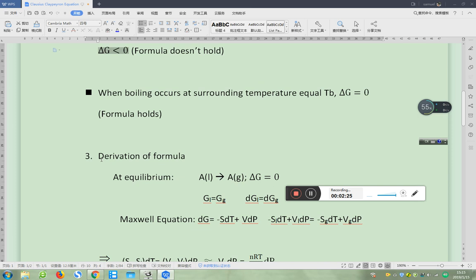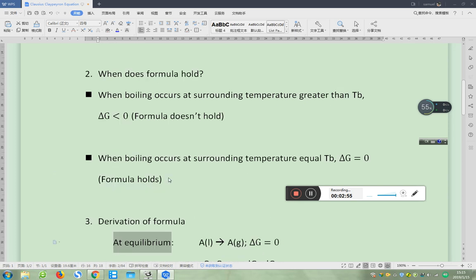Now, let me start talking about the derivation of the formula. Let's consider the boiling process of a certain substance A, which is at equilibrium.